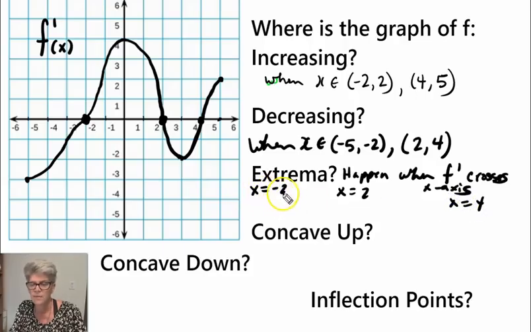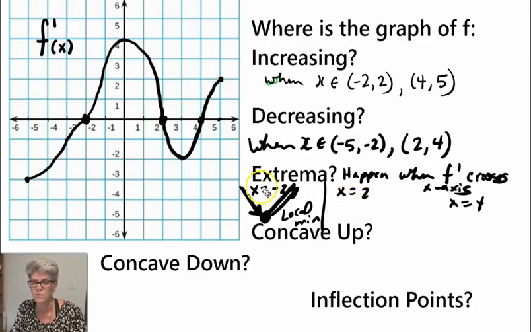So at x equals -2, the graph of f prime is below the x-axis just to the left, so the graph of f is decreasing. Then just to the right of -2 it is above the x-axis, so the graph of f is increasing. And so we're going to have a local min at x equals -2. Okay.